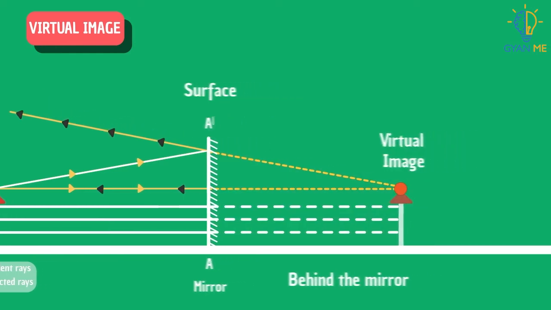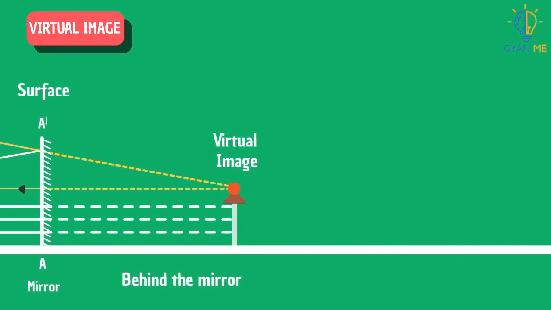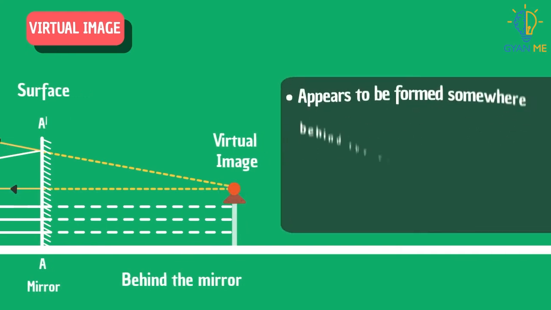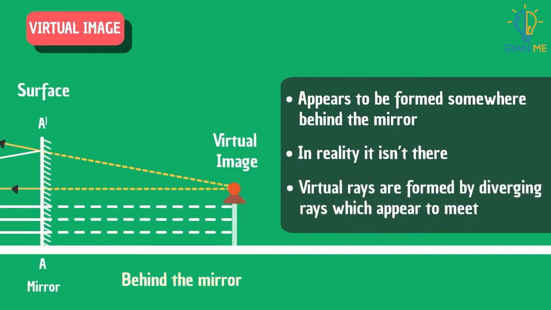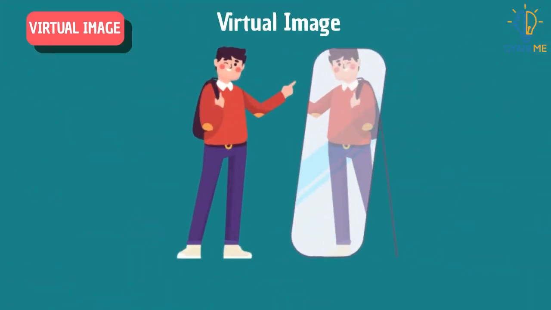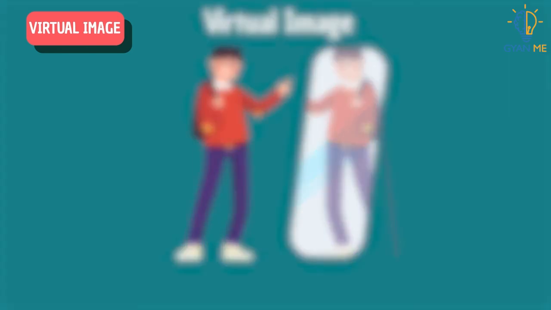So students, we can think of a virtual image as an image which appears to be formed somewhere behind the mirror. But in reality, it isn't there. Remember, virtual image is formed from diverging rays. And the rays appear to meet at a point, in actual they don't meet. Thus, plane mirrors form virtual image and not the real image.